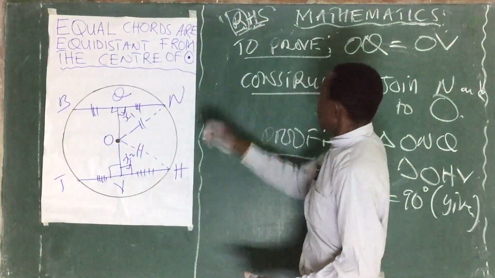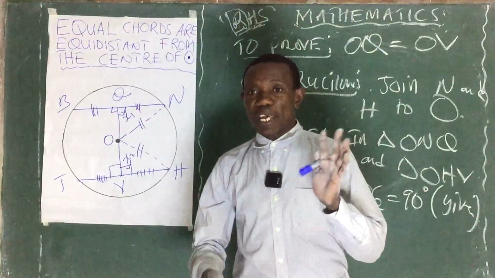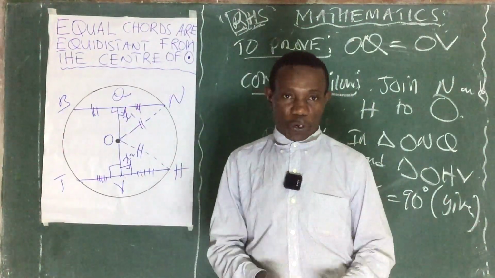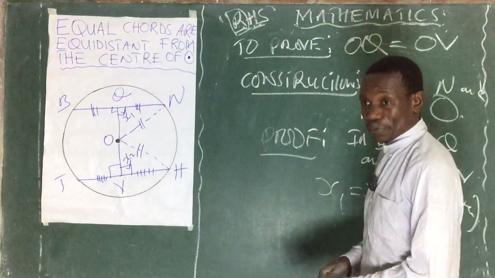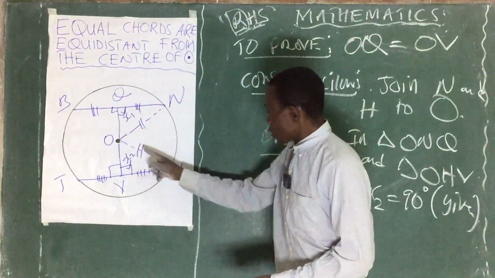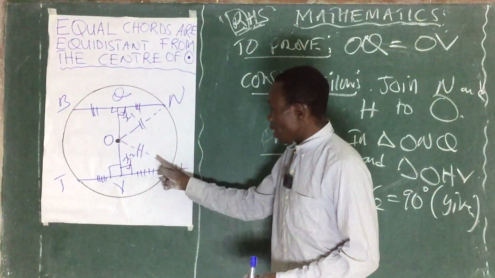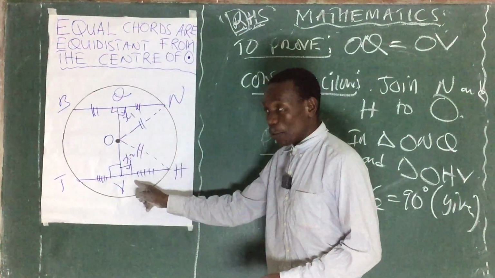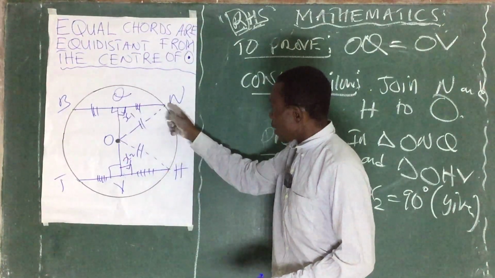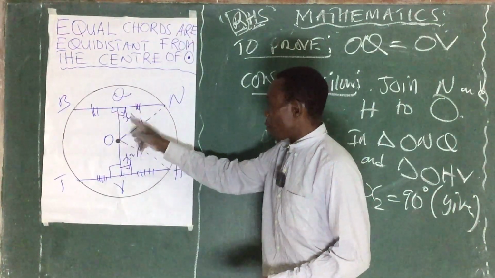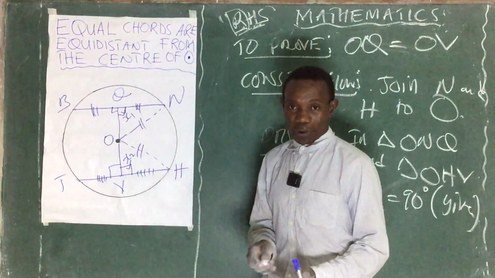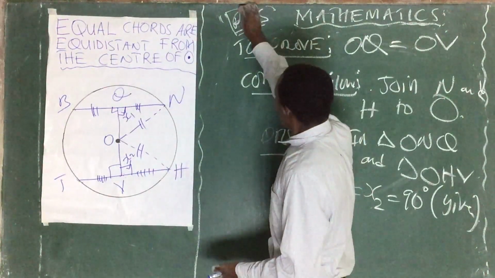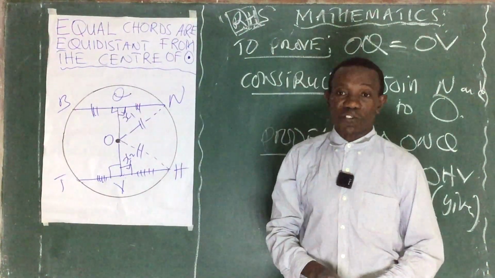Right. So if I'm to consider this test RHS, it means R has been satisfied. The H tells us if the triangles have the hypotenuse side, and these hypotenuse sides are equal. Is it shown here? Yes. You'd see that this OH is a radius, but it's a hypotenuse side to this triangle. The same, ON is a radius but a hypotenuse side to this triangle here. We know that radii are equal. Therefore, the H has also been satisfied.